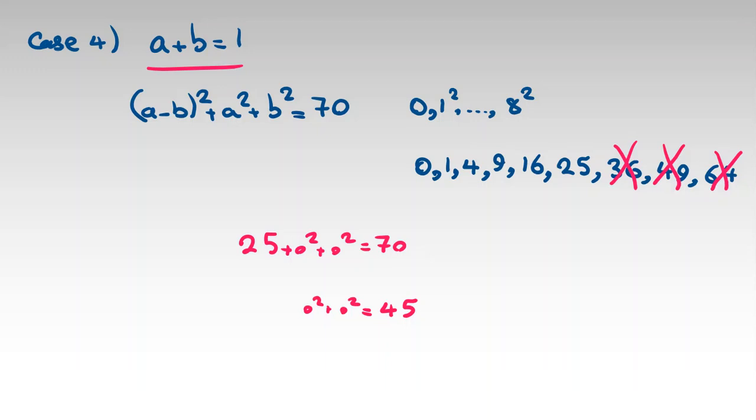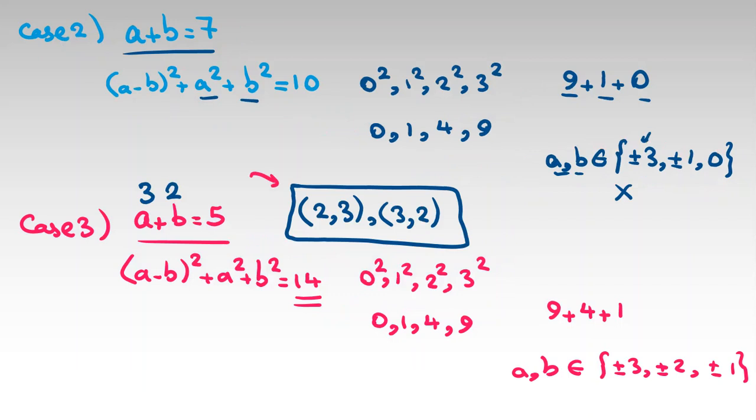If you want to create 45 with 25, it's not possible. 25 plus 16 is 41. Impossible. So 25 we reject, and with 16 you can't reach 70. So here also we couldn't find any good answer. So our only answer is 2, 3, or 3, 2.